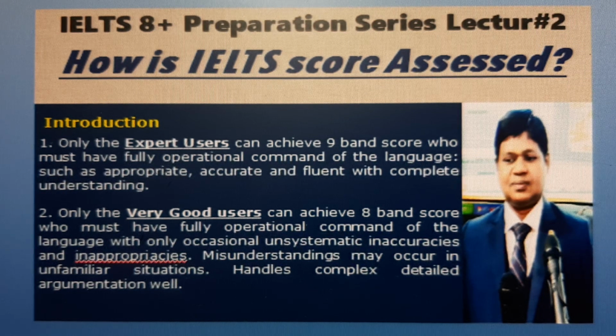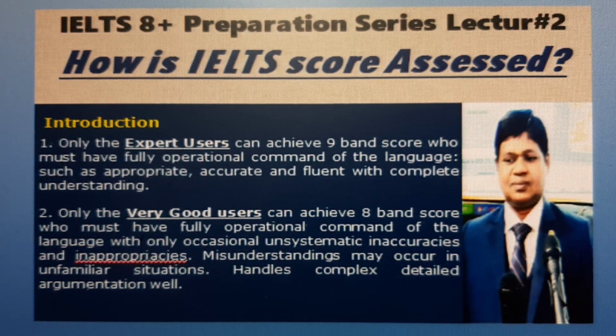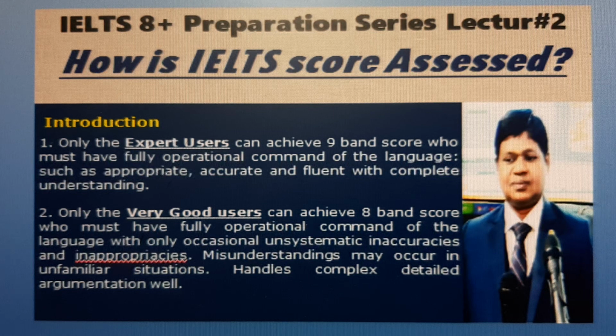If the average of the 4 components ends in 0.25, the overall band score is rounded up to the next half band, and if it ends in 0.75, the overall band score is rounded up to the next whole band.